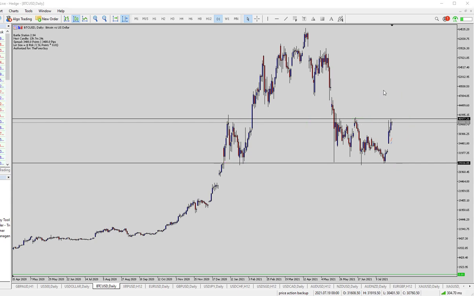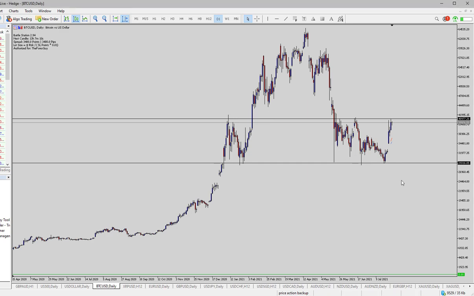Some people ask me, well, how far do I have to look back for support and resistance? How many candles do I have to have visible on my trading screen? Well, those questions are a little ambiguous, but really it just comes down to this: mark the structure from the macro view, and work your way in.